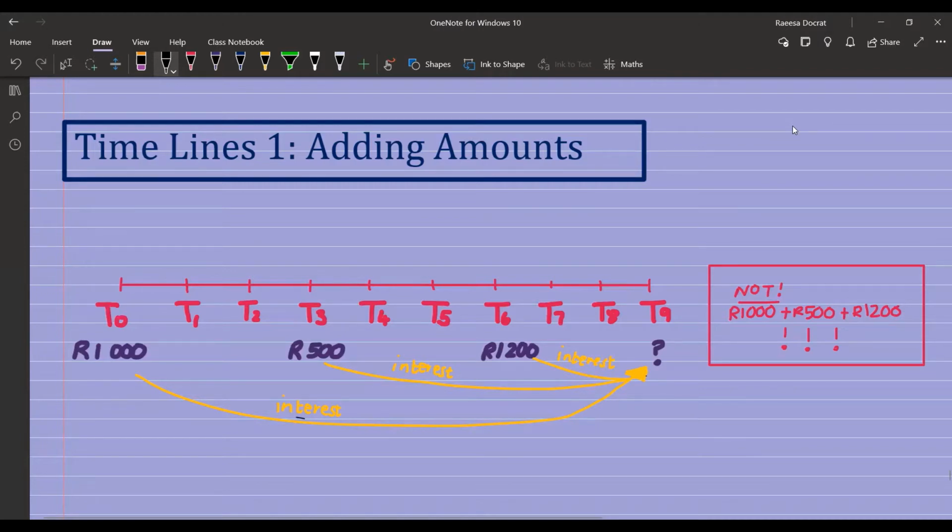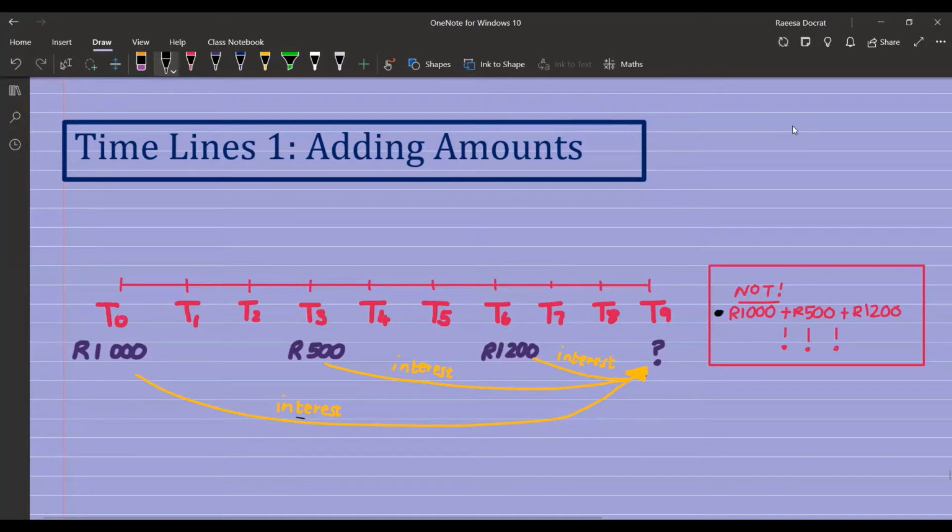The 500 Rand has been in for less than the previous 1,000 Rand and would only accumulate interest over the time that it has been in. Finally, the 1,200 would accumulate for the least amount of time since it has been in for the least amount of time. Please note that the total of these three amounts is not 1,000 plus 500 plus 1,200, because that does not take into consideration the interest that has been accumulating over those times.